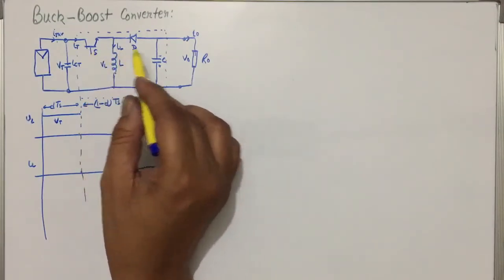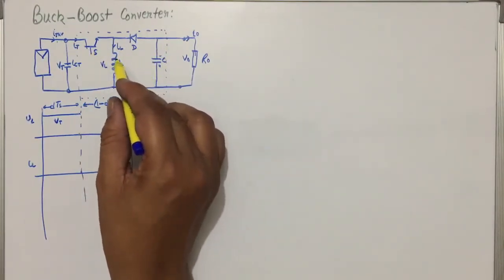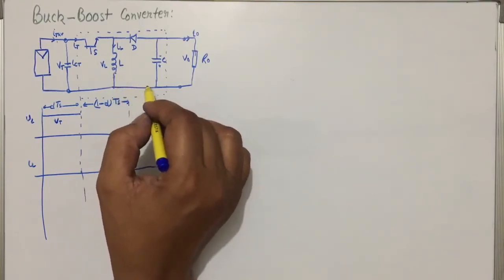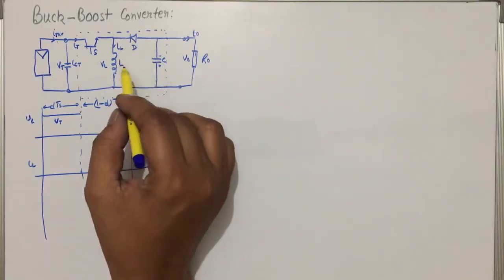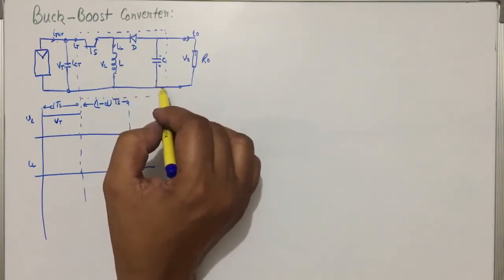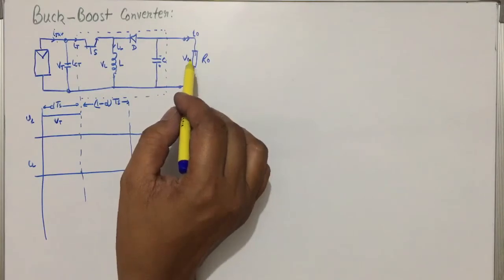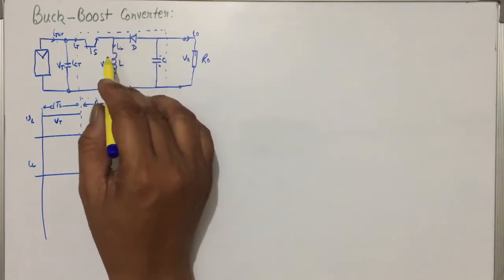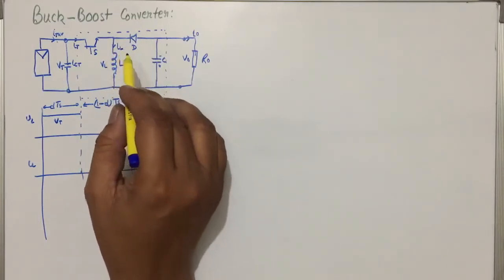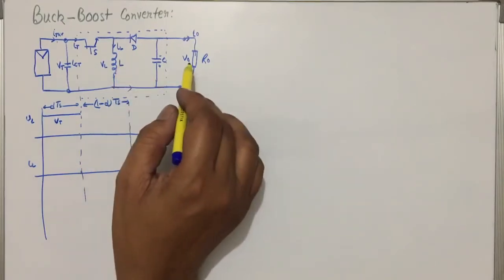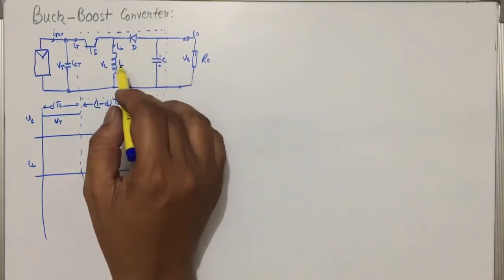When the switch is off, then the voltage across this will start discharging, and discharging current will free wheel through this diode, and this current will have two paths. Part of this will go through this capacitor, and part of this will go through this. So this discharging current have free wheel path through this diode, and in that case the voltage across this will be minus V0, because this is discharging.